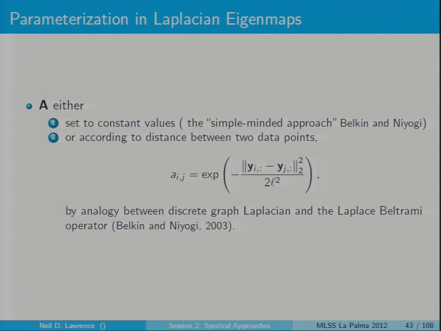They motivate it by an analogy between the discrete graph Laplacian and the Laplace-Beltrami operator, which is in continuous diffusion equations, which they're saying the graph Laplacian is a discrete approximation to. I haven't played a lot with this, so I don't know how sensitive these algorithms are to the setting of this length scale here, and how you set these adjacency weights, but it's something people do when they do this.